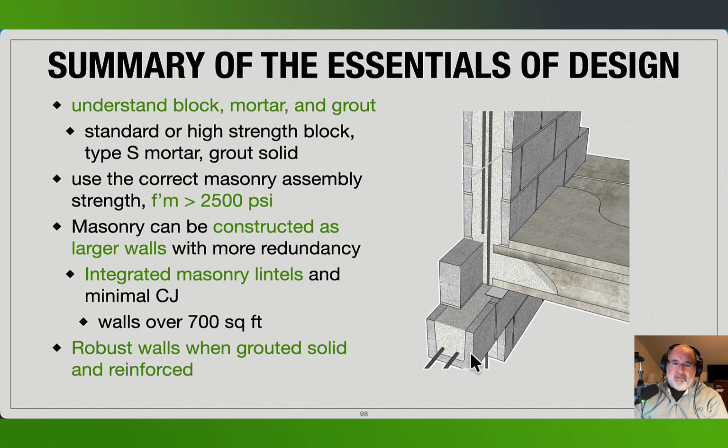Really evaluate your masonry lintels and discuss the overall amount of horizontal reinforcement that you want to use, potentially eliminating control joints for your design, or at least minimizing them, and then what the overall load impact would be for that.